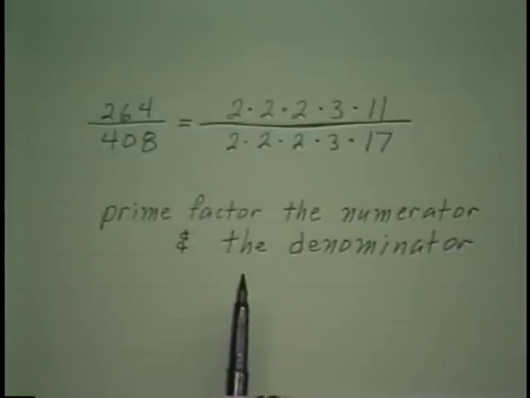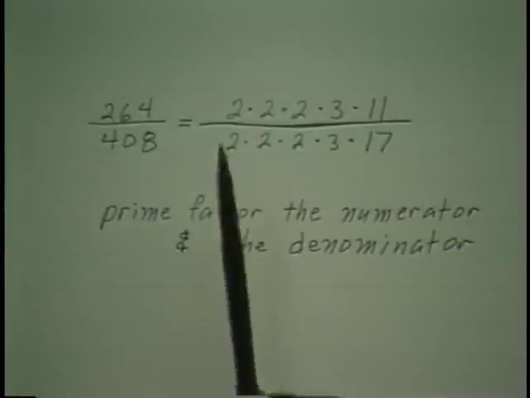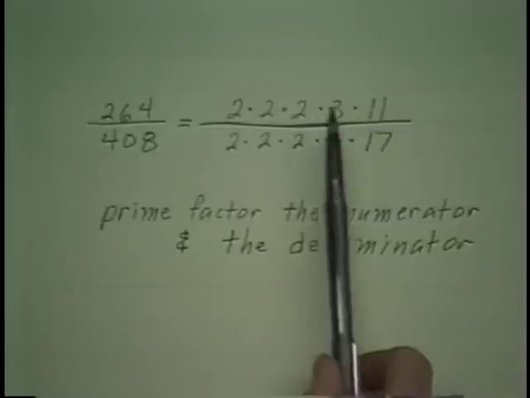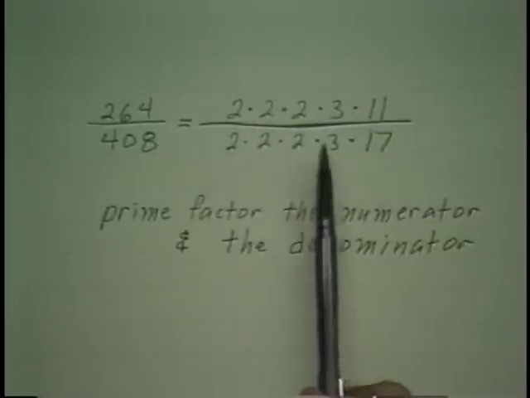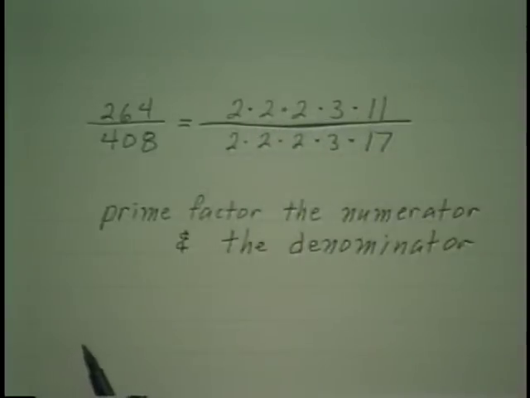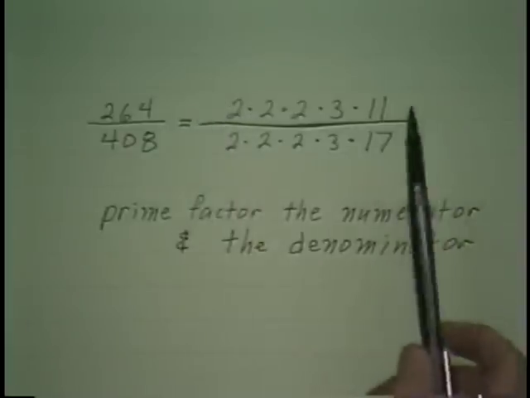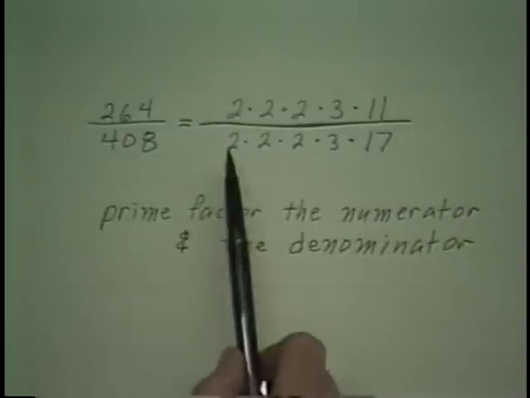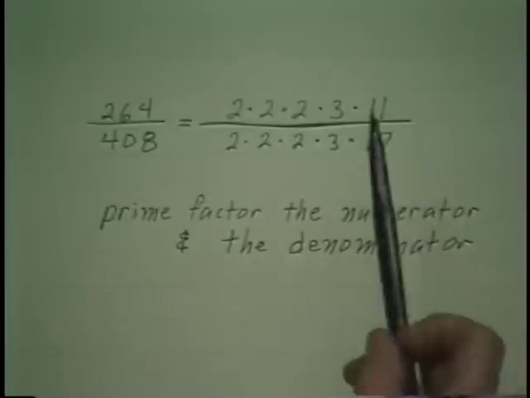And there's a rule in mathematics that says if you have a fraction in factored form, you may divide anything you want into any top factor, providing you divide the same amount into a bottom factor.